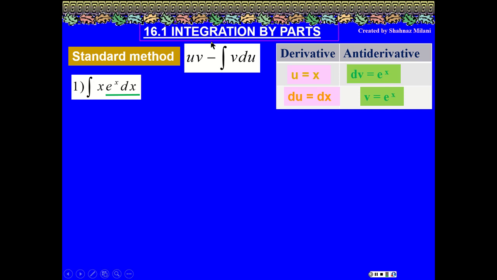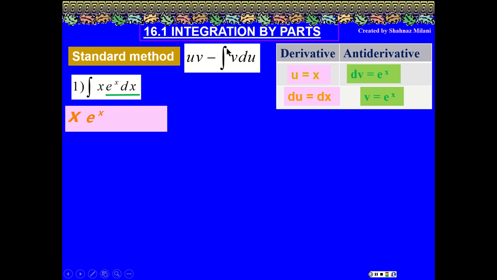Now, by looking at my formula, I have everything. Now, you just plug everything into your formula. My u is going to be right here, the x. My v here is e to the exponent x.